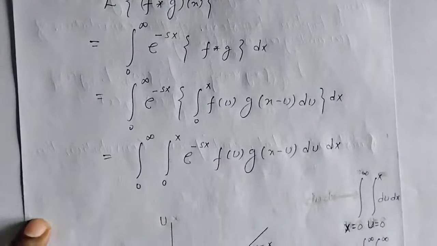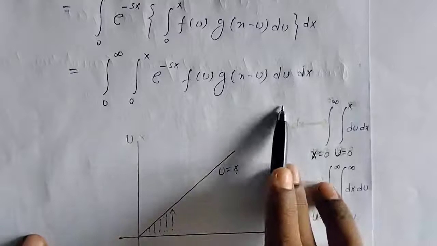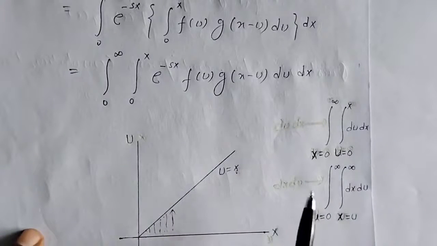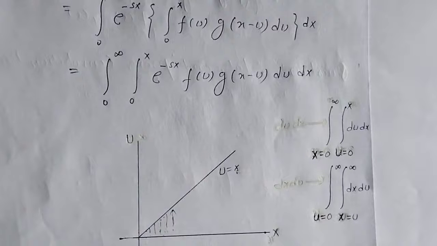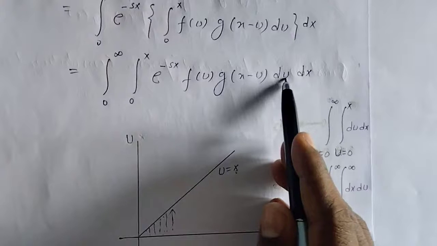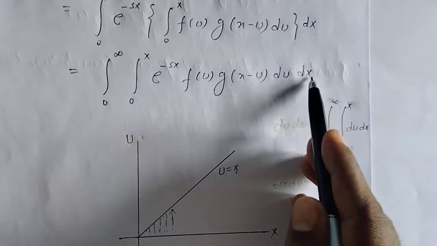Now to solve this, we are going to apply the change of order of integration technique. What is this change of order of integration? Here you can see it is integrated with respect to u and then finally with respect to x.